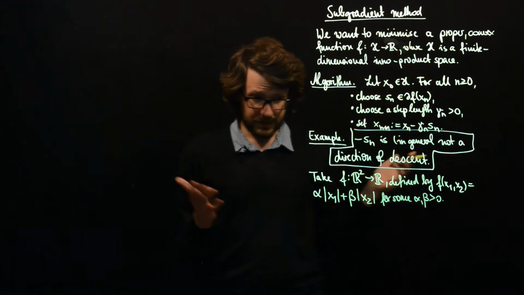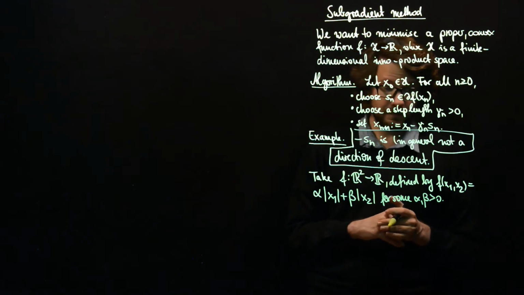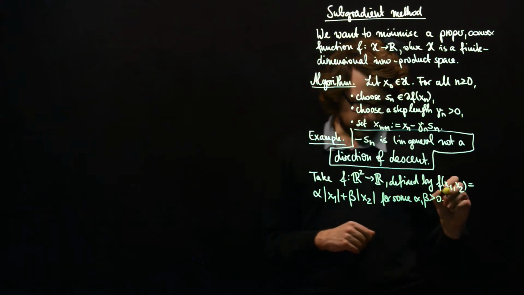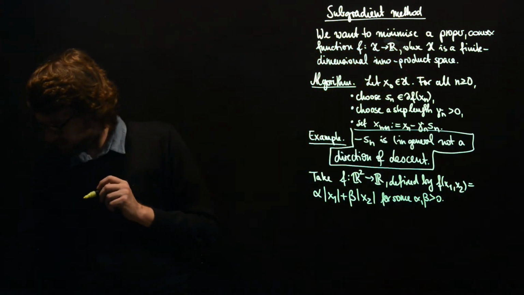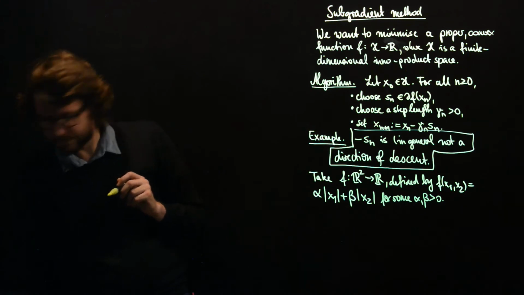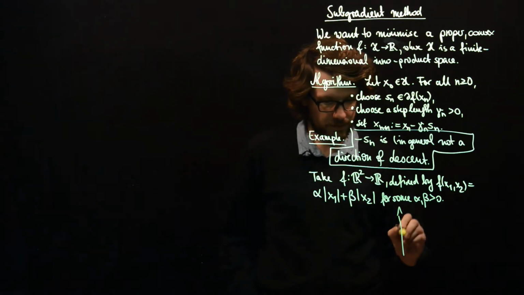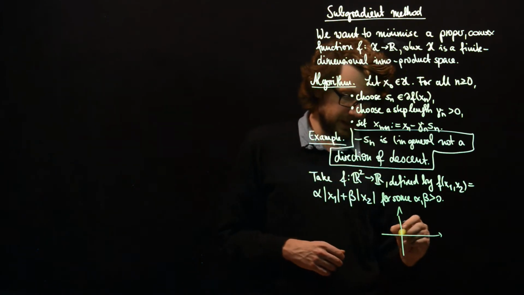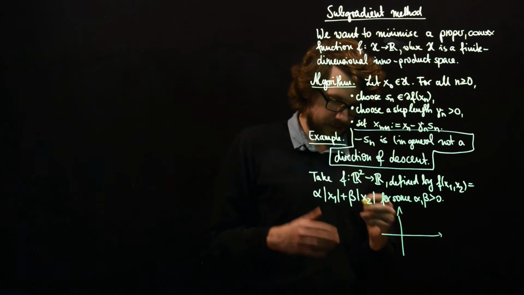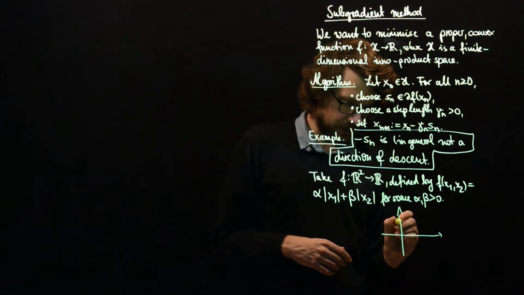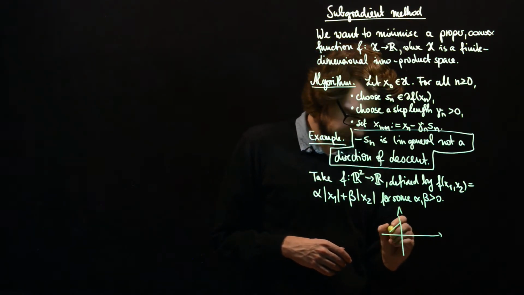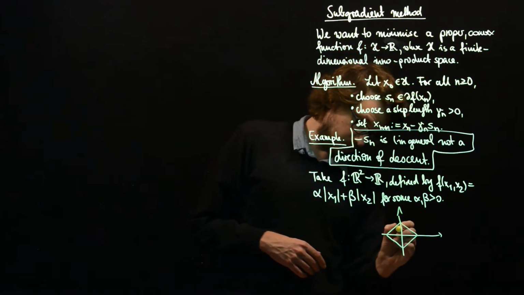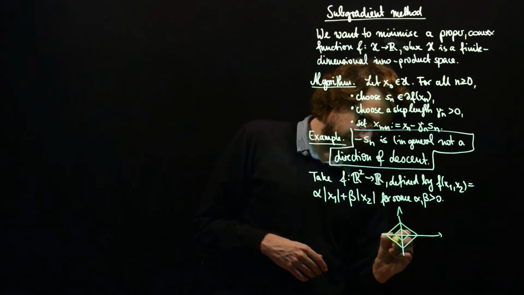So we can calculate the subdifferential. The points where this is non-differentiable will be along these axes. So the level sets will look like these, whatever these shapes are called.